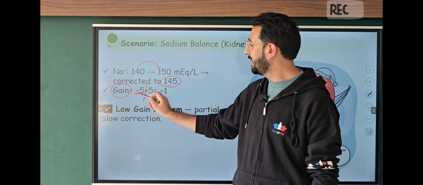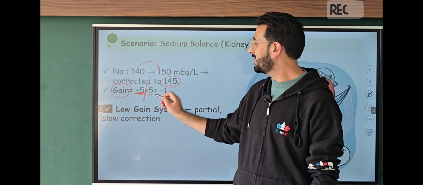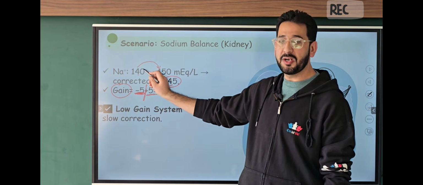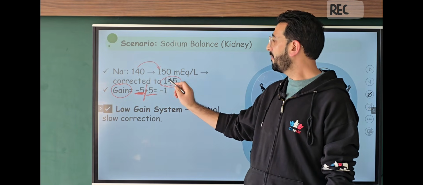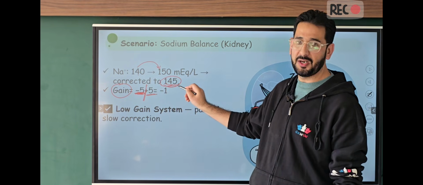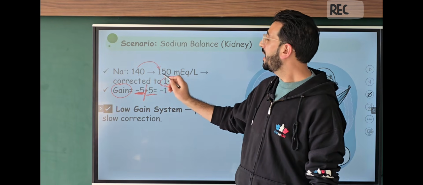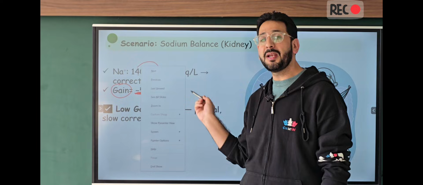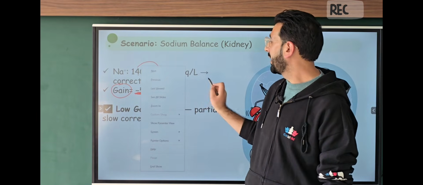So this is the correction and this is the error remaining, because originally it was 140 milliequivalents per liter, and then after the homeostasis it was taken to 145 milliequivalents per liter. So that means the correction is minus 5 and the error remaining is also 5. So it becomes minus 1.